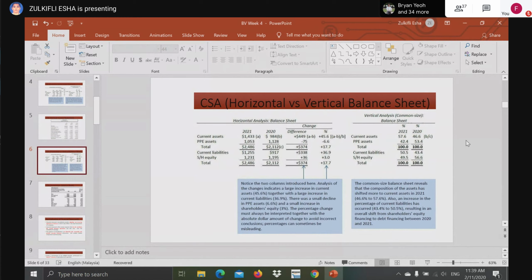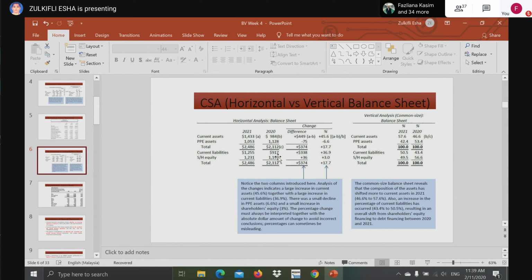So same with the 2021 figure. The concept on how to calculate the percentage for current liabilities is the same as how you calculate the current asset.